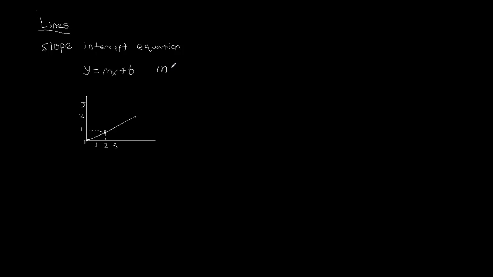So m is often referred to as the slope of the line. We've talked about slope before. You can see it as change in rise over change in run.